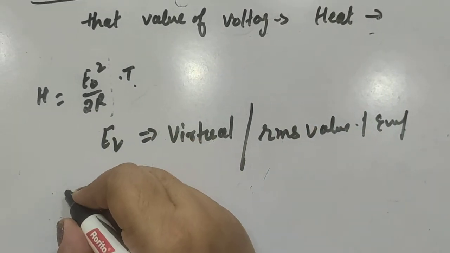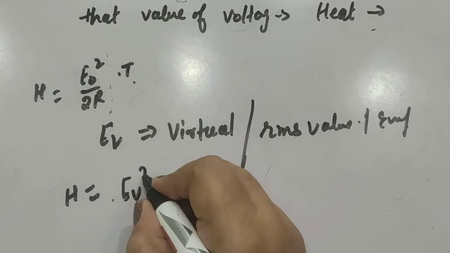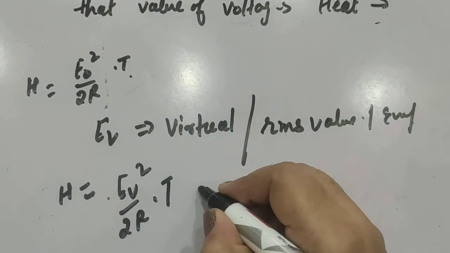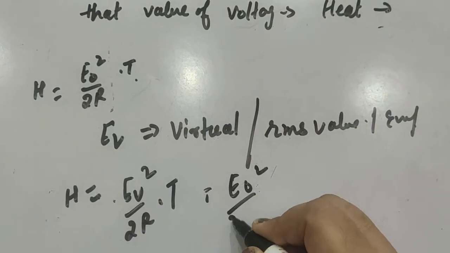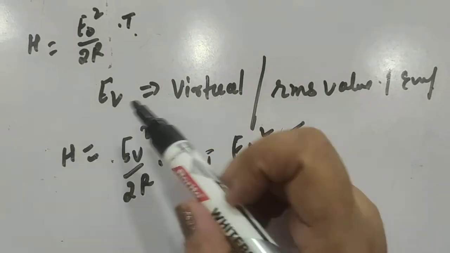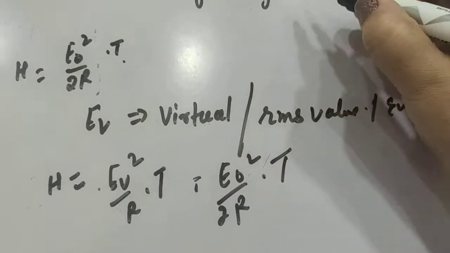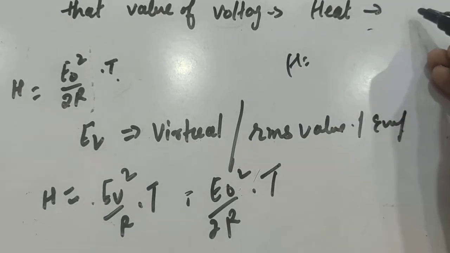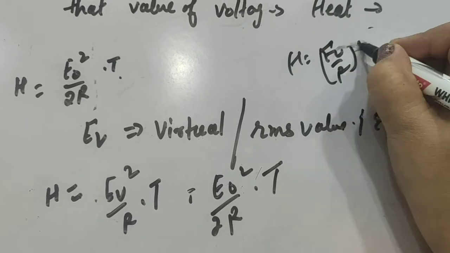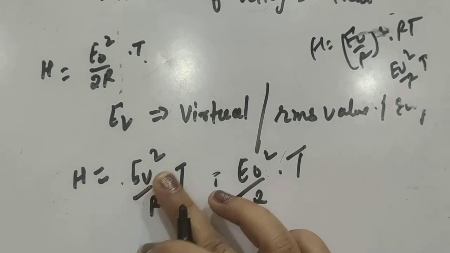In that case H is equal to IV square RT, and instead of IV we put EV by R whole square into RT. So that will be EV square by R into T.